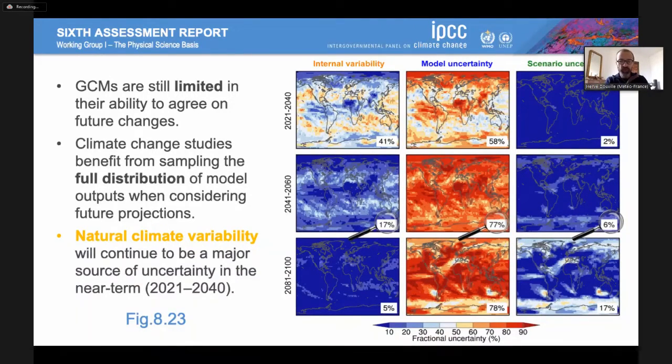If we look now at the mid to long term, we see that the role of internal variability vanishes, but that uncertainties are still dominated by the model response, highlighting again that both mitigation and adaptation strategies need to consider the full, or at least the likely, range of model outcomes.